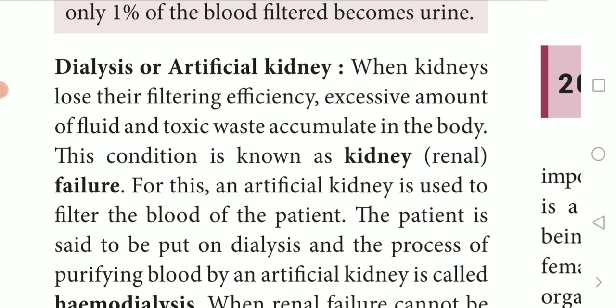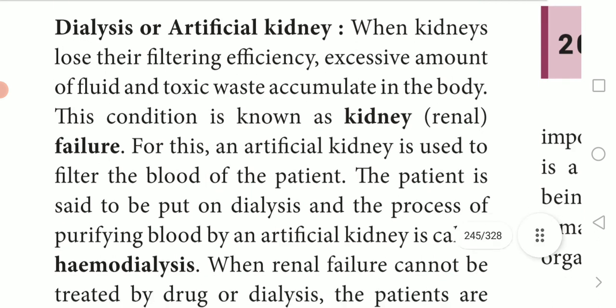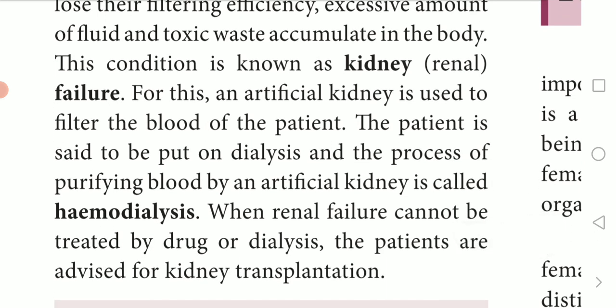This tubular filtrate is finally known as urine, which is hypertonic in man. Finally, urine passes into the collecting duct, then through the pelvis and ureters into the urinary bladder. When the bladder is full, urine is expelled out through the urethra.